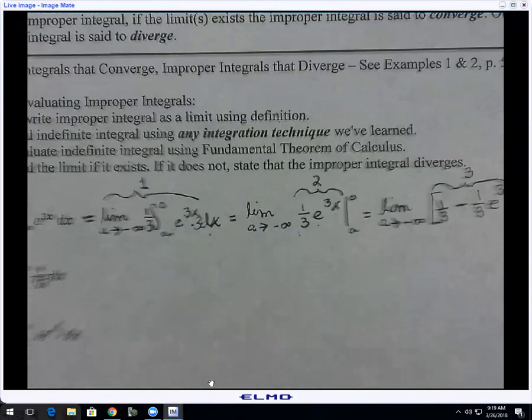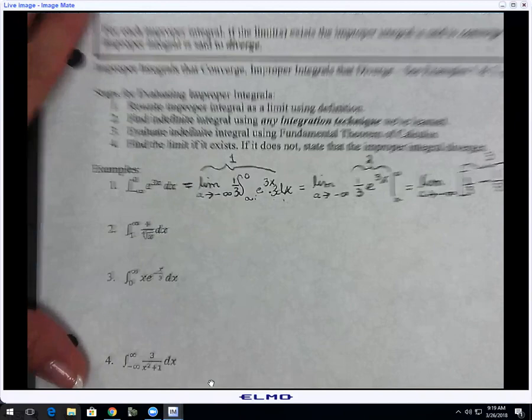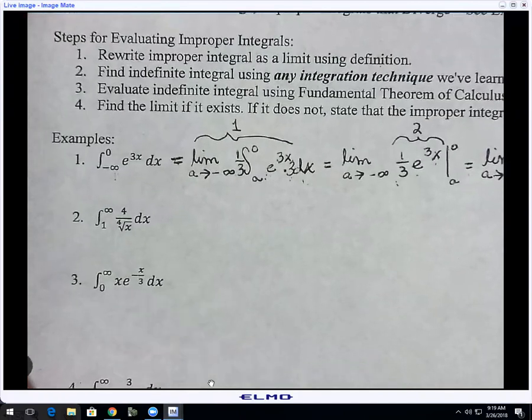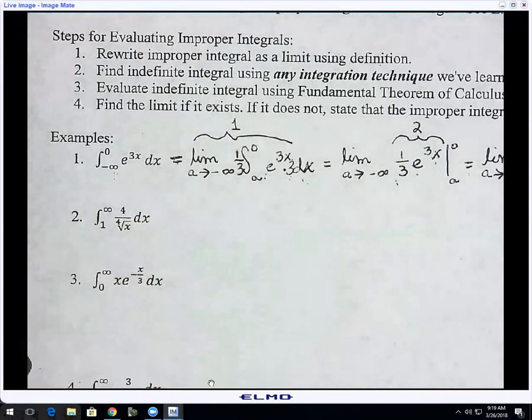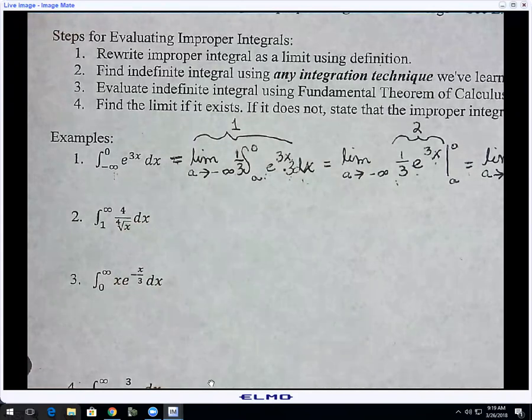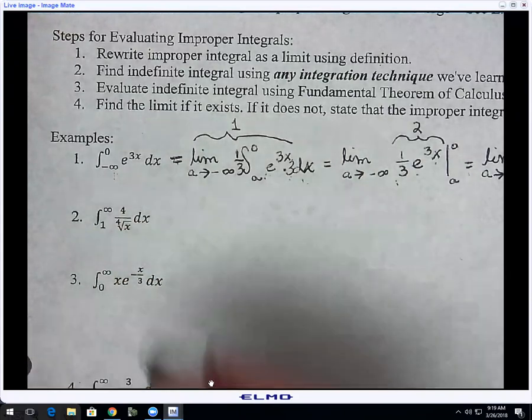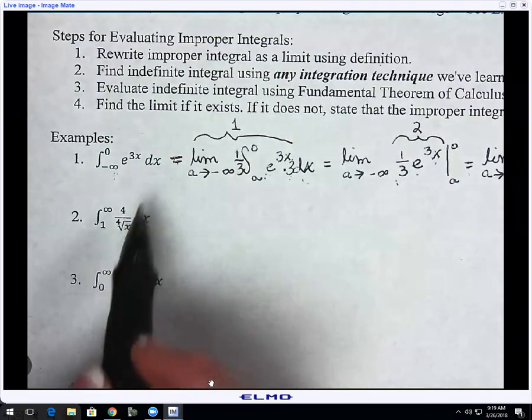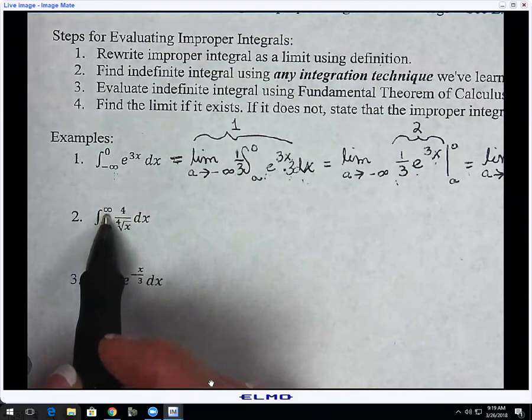All right, let's do it again with the integral from 1 to infinity of 4 over the fourth root of x dx. Step 1, rewrite that with the definition. Rewrite it as a limit, and here it's our upper limit that's going to infinity.